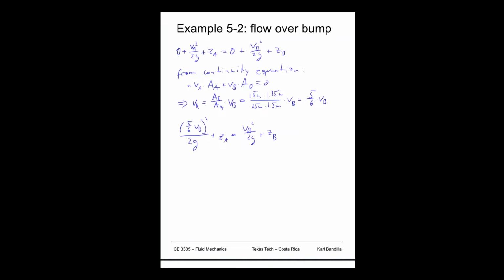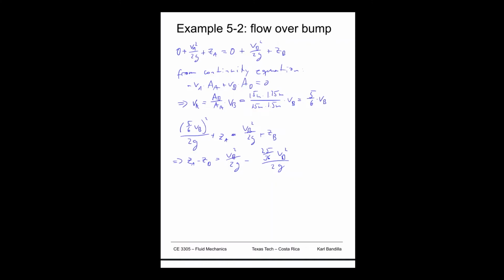So we can solve that to get the VBs on one side. If we do that, then what do we get? If we leave ZA over here, we'd have ZA minus ZB. If we bring ZB over, that means we have VB squared over 2G minus 25 over 36 VB squared over 2G.